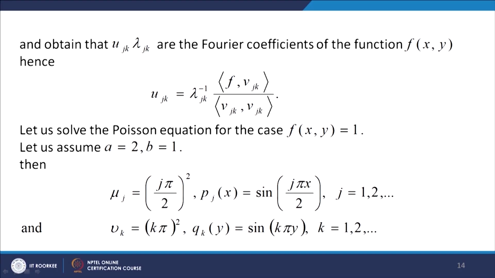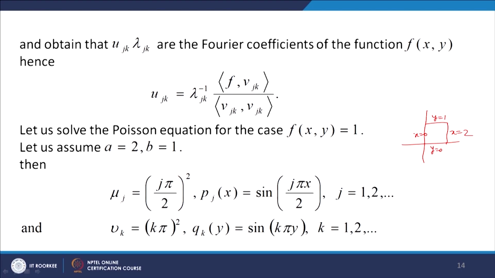Now let us solve the Poisson equation for the case f(x,y) equal to 1. We take a equal to 2, b equal to 1. So we are taking this rectangle: this is x equal to 0, this is x equal to 2, this is y equal to 0 and y equal to 1, and f equal to 1.